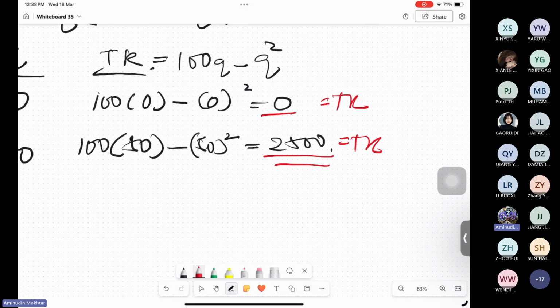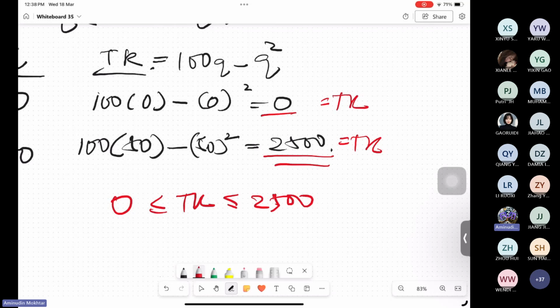So we can conclude that the value of TR is between 0 until 2,500. That's how we explain the concept of TR in terms of domain and range.